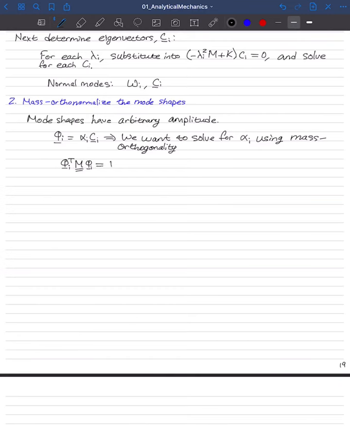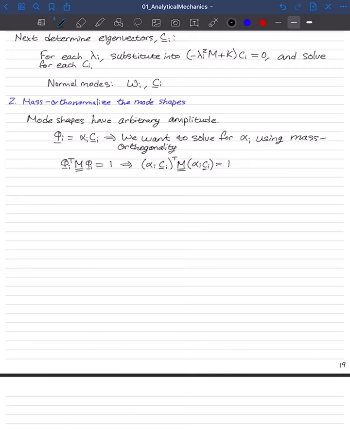Okay? Which means that we get alpha I times c_i transpose times m times alpha I c_i. We want this to be equal to 1.